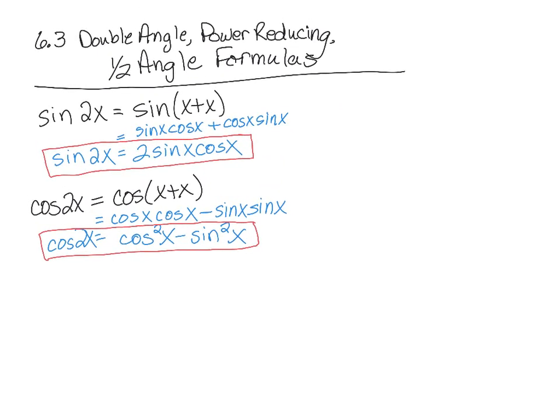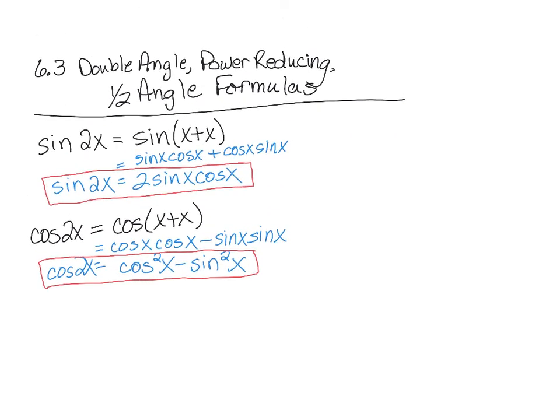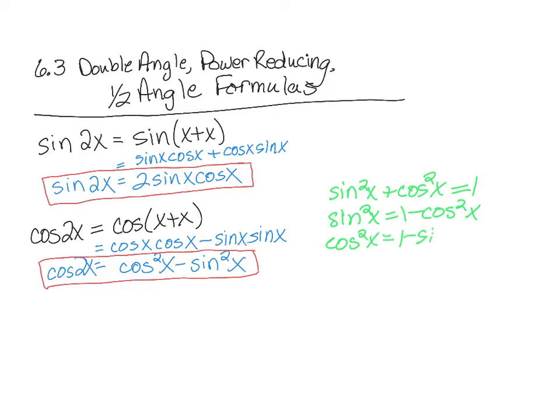Now we know the Pythagorean identity says sine squared plus cosine squared equals 1. That means that sine squared equals 1 minus cosine squared. Very important that you see these. Cosine squared is 1 minus sine squared.